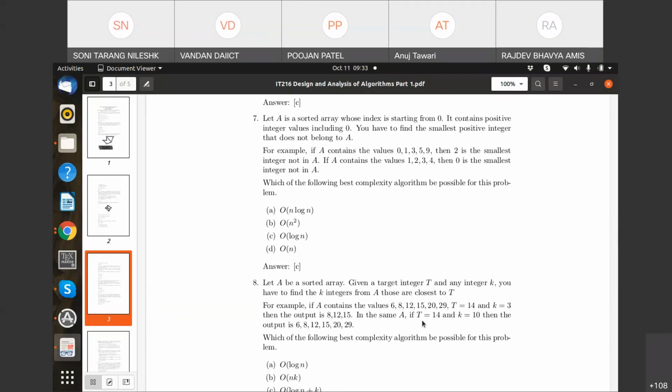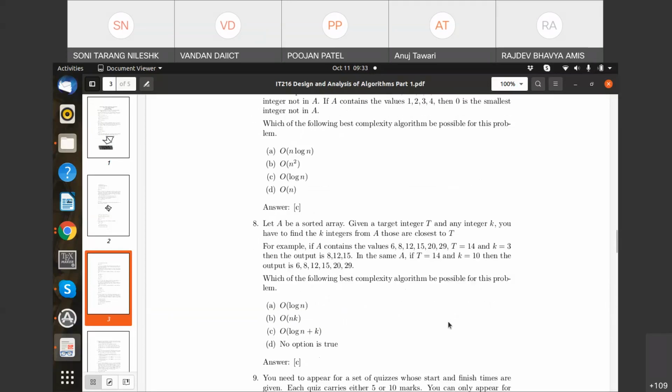The problem is easy. In fact, you even had a lab assignment on this where k equal to 1. I was expecting everybody to get it, but somehow people didn't. So any ideas for solving this? K closest integers to T.